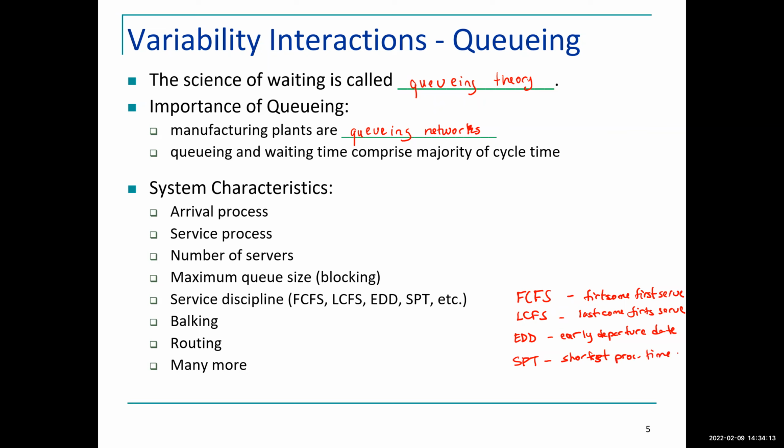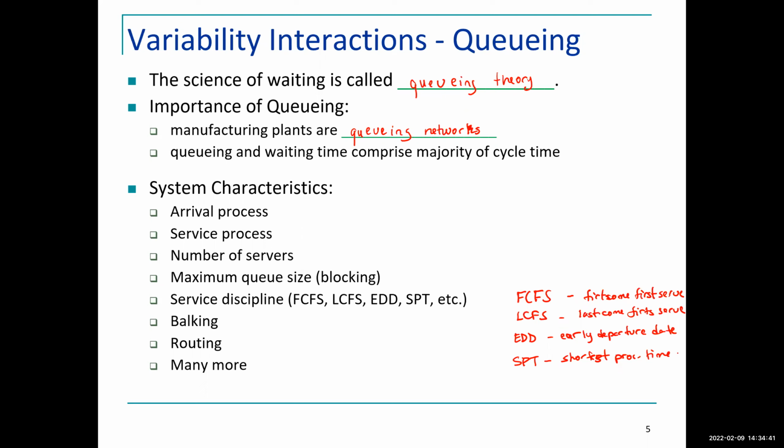So your queue can be organized in such a way that you are going to take care of the first item arriving into the queue, or you want to take care of the last item first, or you want to take care of the product that has the earliest departure date, meaning that you have to deliver this as soon as possible. So you want to put that first. Or the shortest processing time.